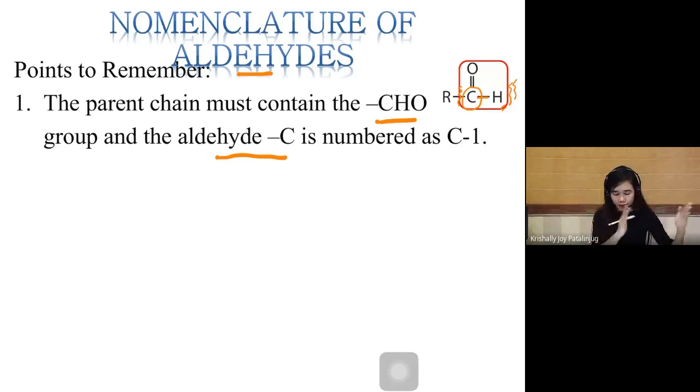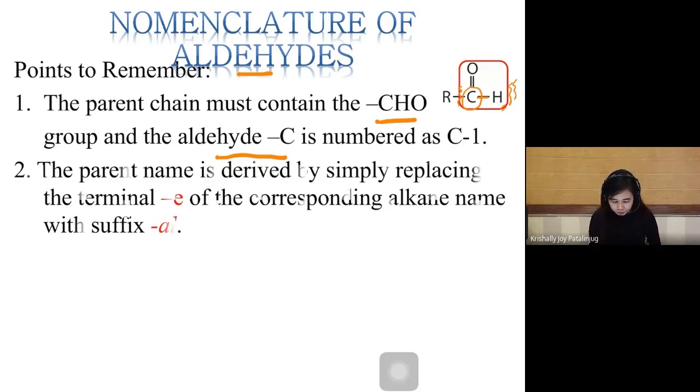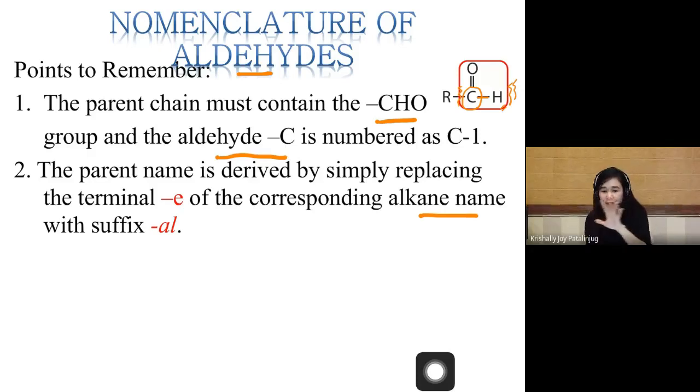Then you continue. Depending on how many carbons there are, you can now derive the corresponding alkane name. Say for example the longest chain has 5 carbons, so pentane. From that, since it is an aldehyde, you replace the ending E with al.